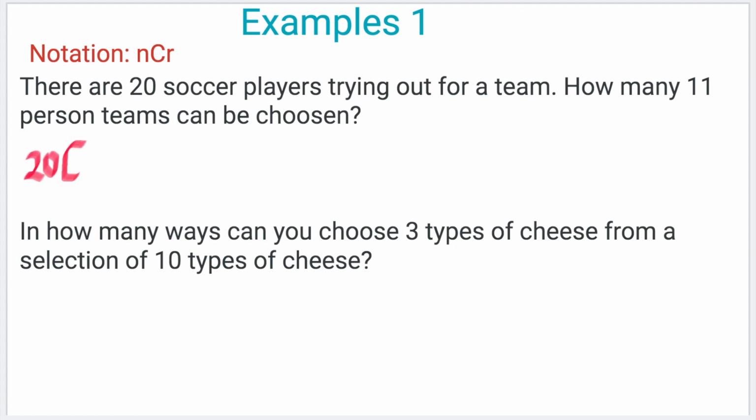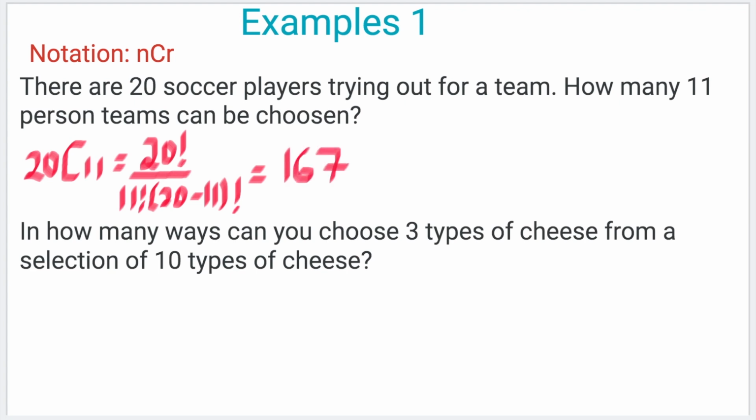So 20 combinations 11 is equal to 20 factorial in the numerator, over 11 factorial times (20 minus 11) factorial. Using our calculator, when you do that calculation, you get 167,960 different teams.